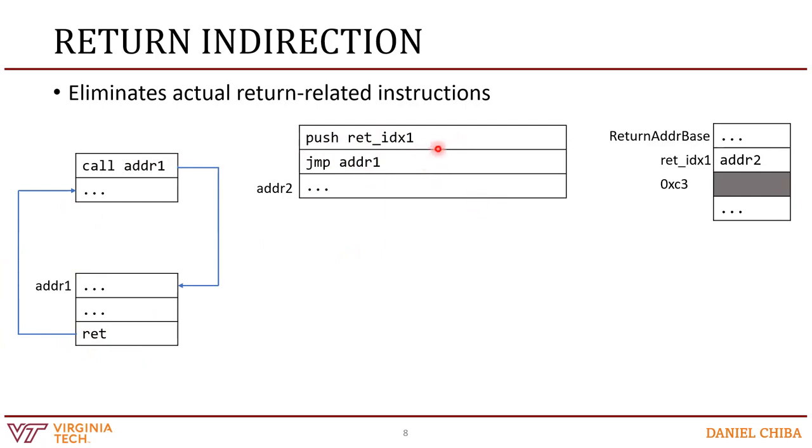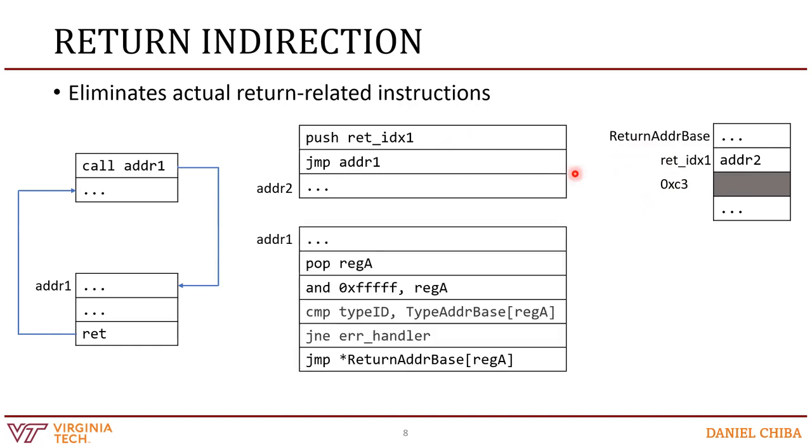And this return index is actually an index into a return address table that is constructed offline, and it can be constructed offline because kernel code is mostly static. So we can actually have a table of every possible return address, and we just push return indexes onto the stack.